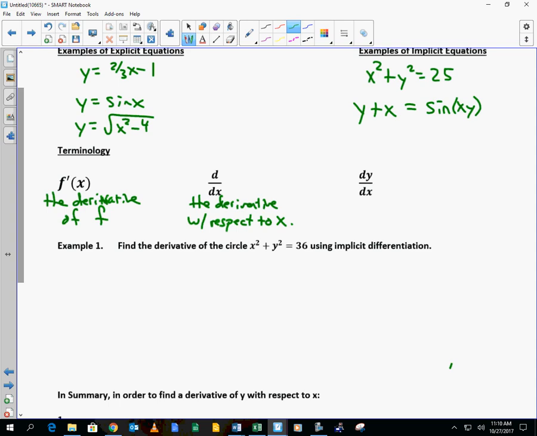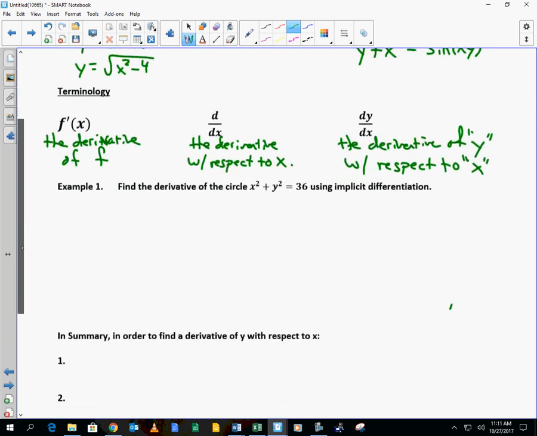And this one is with respect to x as well because x is identified as the variable. So this says the derivative of y with respect to x. Okay?